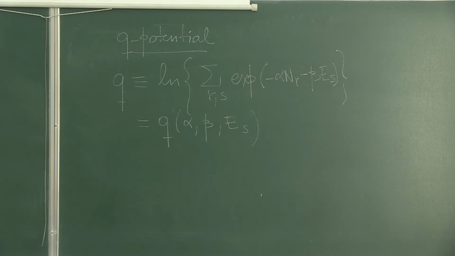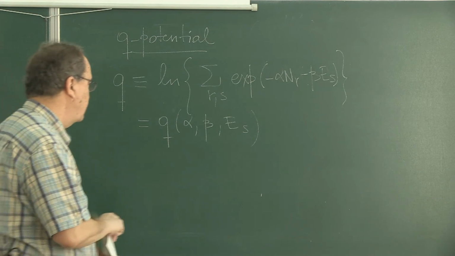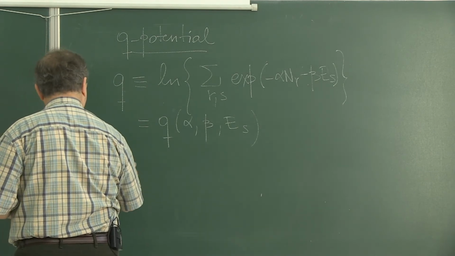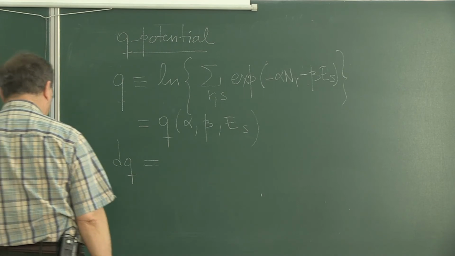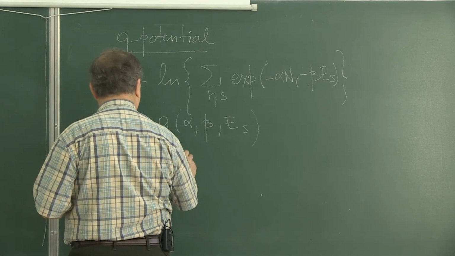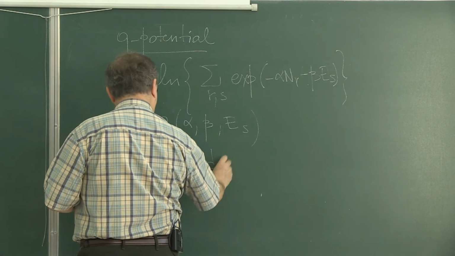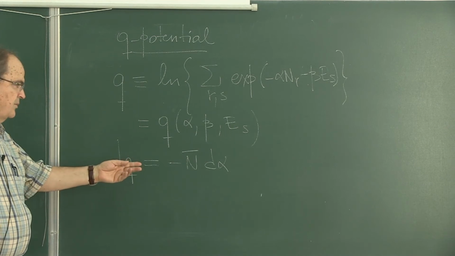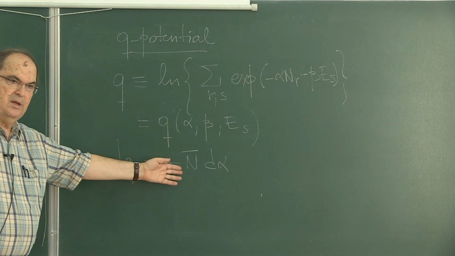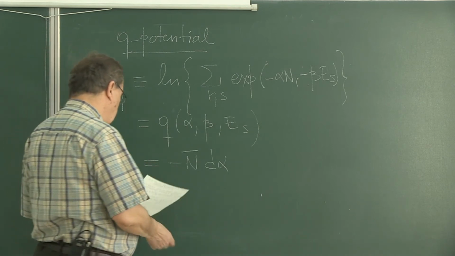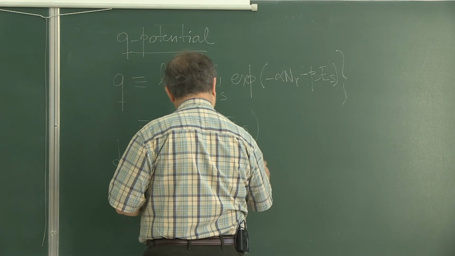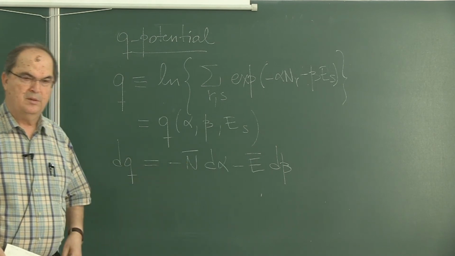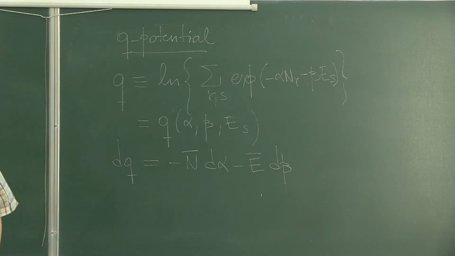So let's try to go from here to the thermodynamics. The very first thing you can do is to write dq. You can do this as minus N bar d alpha. If you take the derivative of q with respect to alpha, the negative derivative was giving this average value, wasn't it? Similarly, minus E bar d beta, the negative derivative of this with respect to beta was giving the average energy.